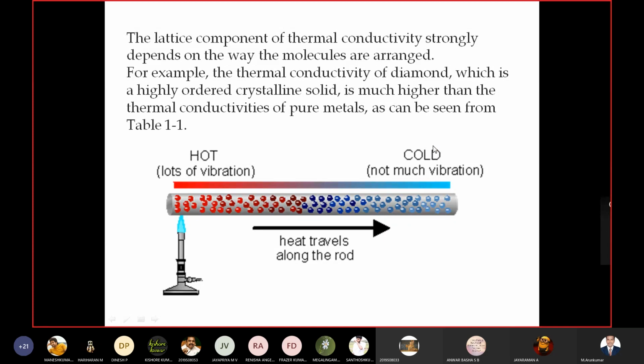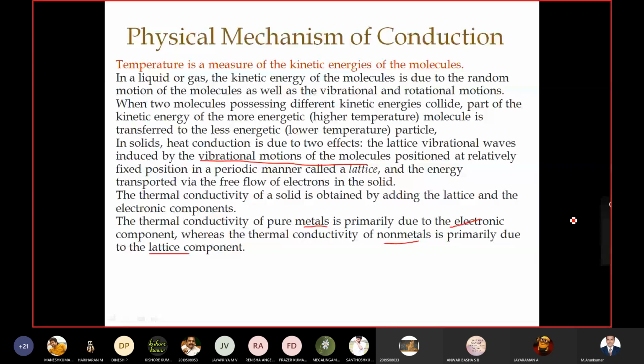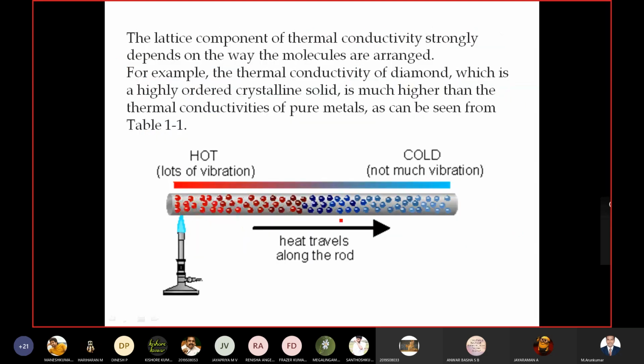Right, so there will be a vibration. If one end of the rod is heated, there will be lots of vibration in the heating end. Then this vibration is transferred through this portion, and that is called conduction.